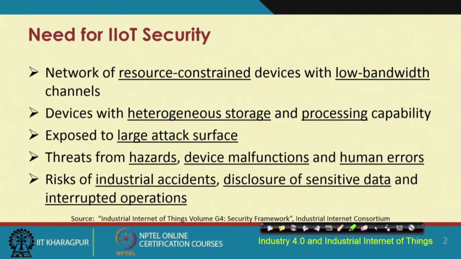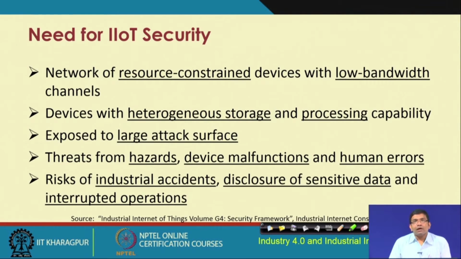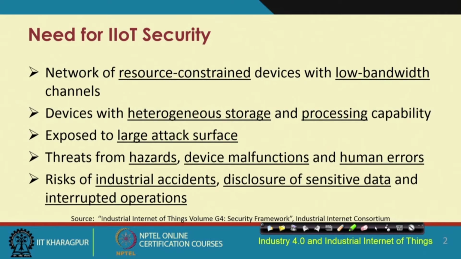This is what we have been saying time and again in the last several lectures: IoT, forget about IIoT, but IoT in general, is a highly resource constrained environment with devices which operate in low bandwidth, with very low energy, very low computational power, and even the storage, the buffer, everything highly constrained. So we have such a constrained environment.